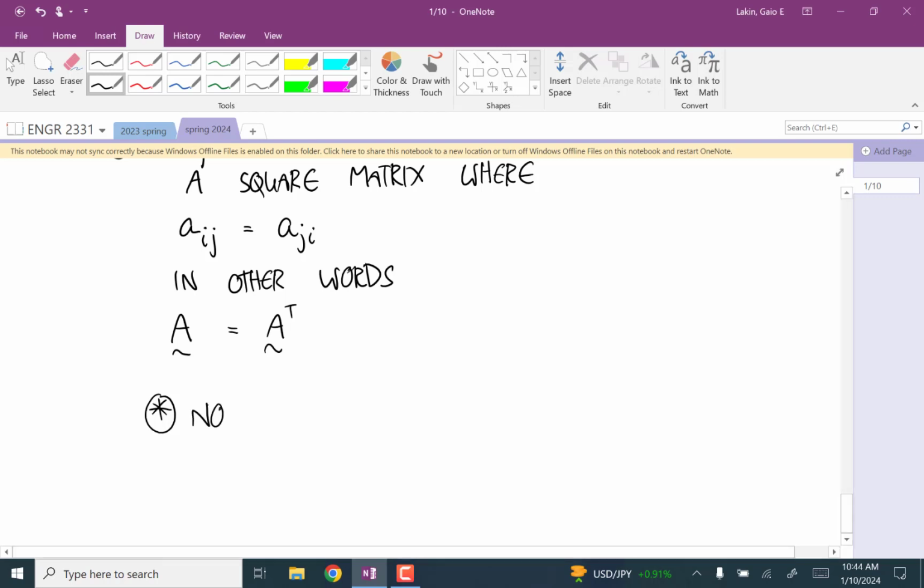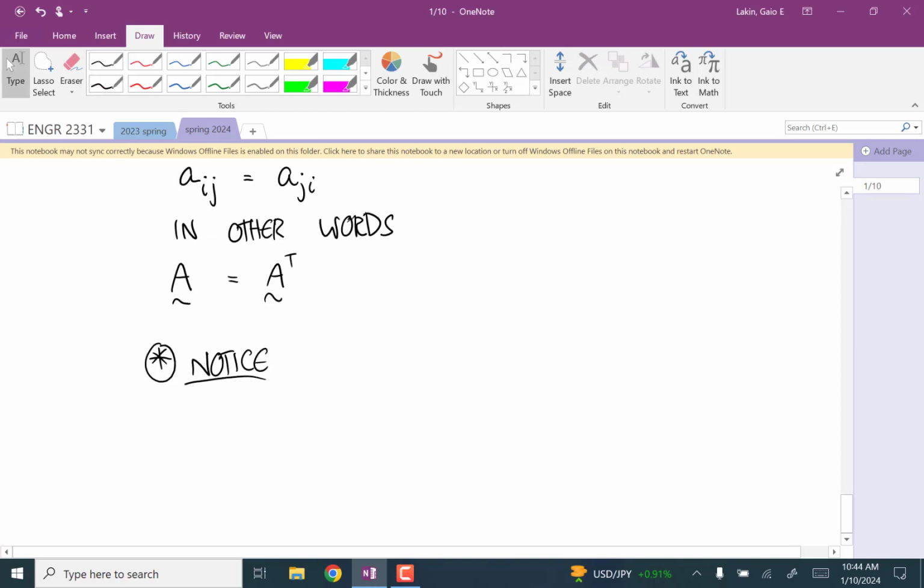And so what I want you to notice is symmetric matrices have all real eigenvalues.